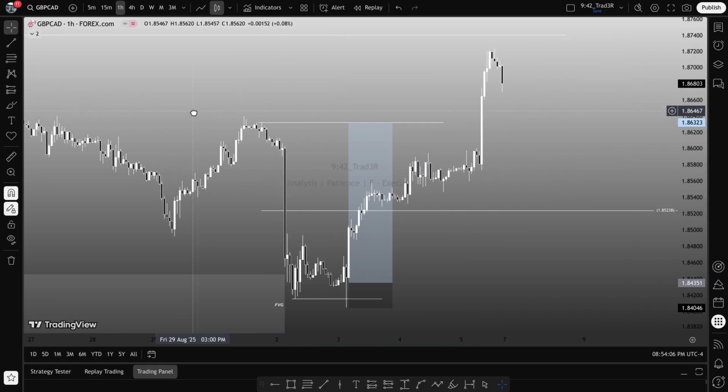So the first thing, on the higher time frame, I want to answer some critical questions like what is the DOL, which is the draw on liquidity, and what is the bias and narrative. Bias meaning where is price going and why should price go there, which is the narrative.